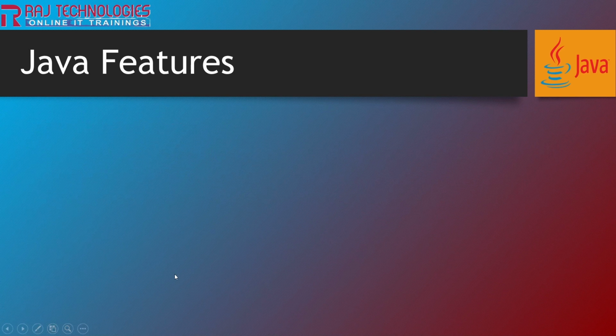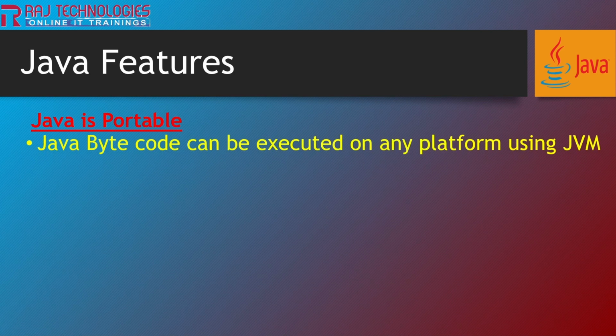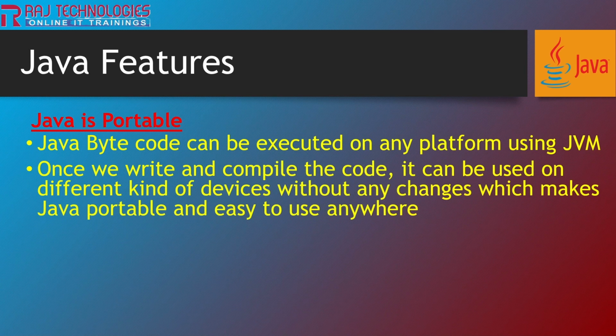The next feature is Java is portable. See here, Java bytecode can be executed on any platform using JVM. Using the Java Virtual Machine, we can execute this bytecode on any operating system. Once we write and compile the code, it can be used on different kinds of devices without any changes, which makes Java portable.